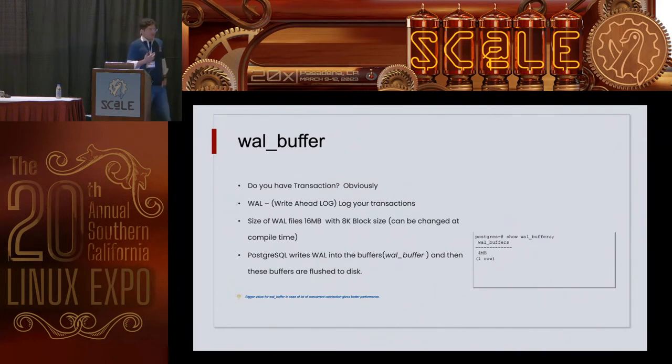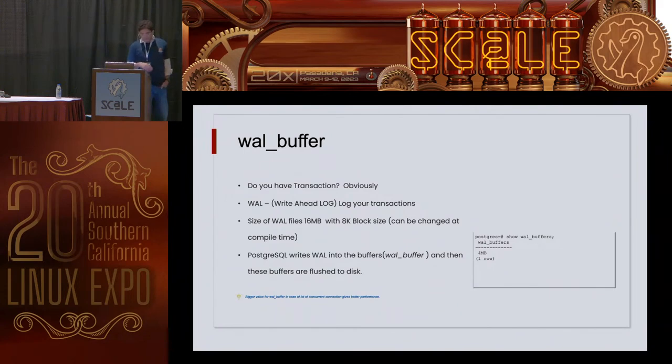We have transactions. PostgreSQL has transactions, so you are obviously using transactions. All the write ahead log logs your transaction. When it's logged, each file is 16 MB with 8K blocks. This can be changed at compile time.